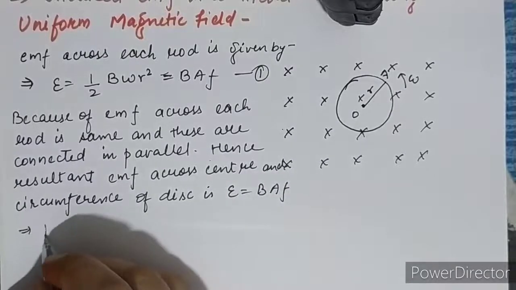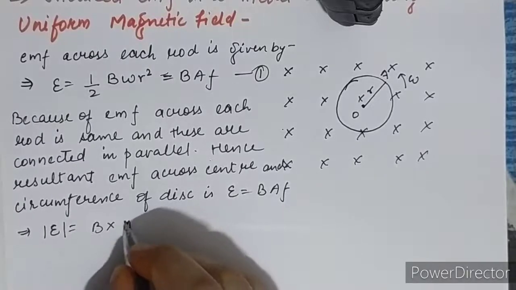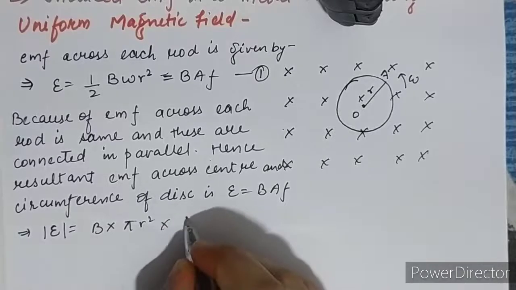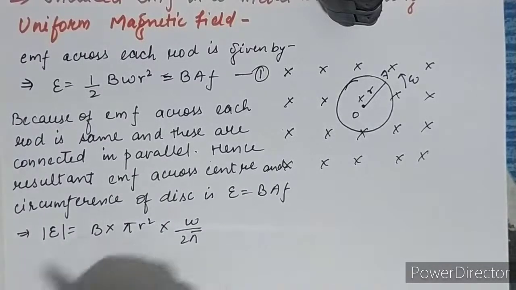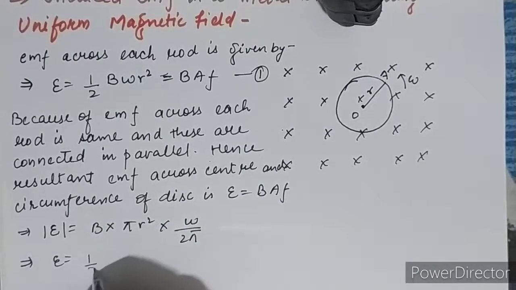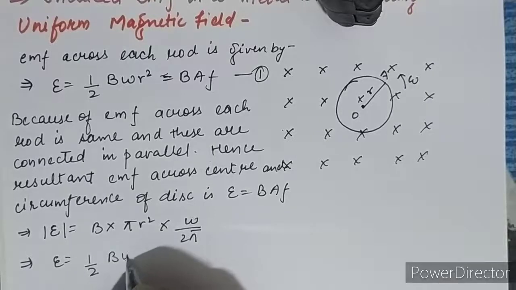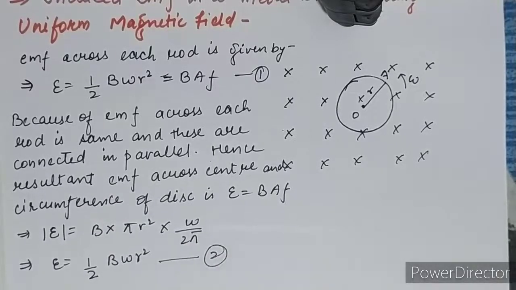Now I am just taking its magnitude, so it will become B into pi r square into omega upon 2 pi. So pi and pi cancel, the same formula will become E is equal to half B omega r square, equation number 2. Okay, the same thing is there.